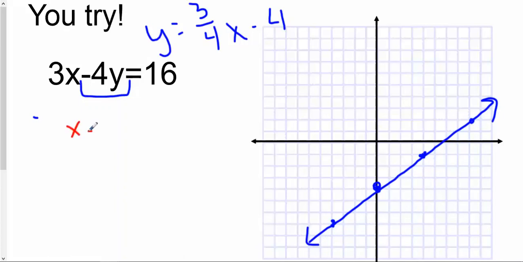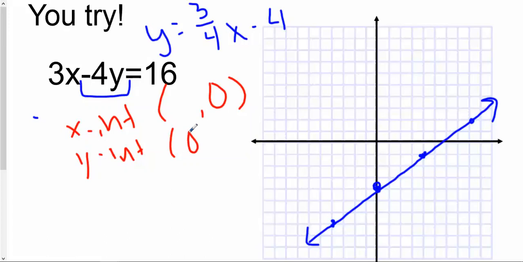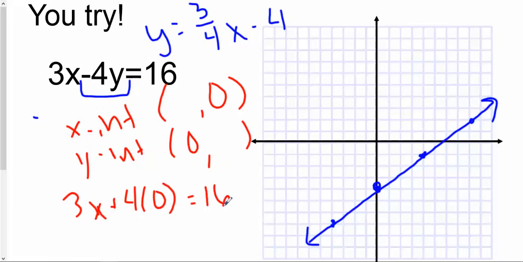So let's find our x-intercept and our y-intercept. To find our x-intercept, we're going to plug 0 in for y. So 3x plus 4 times 0 equals 16. So 3x equals 16, or x is 16 over 3, which is roughly 5 and some change. So we go 2, 4, 5, 5 and a third, right about there.